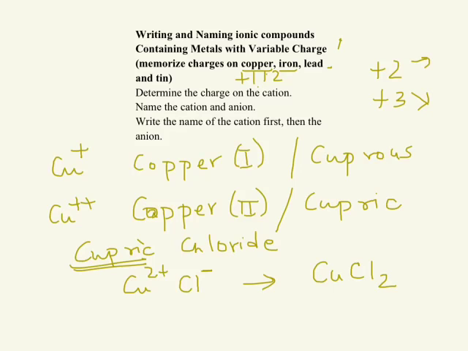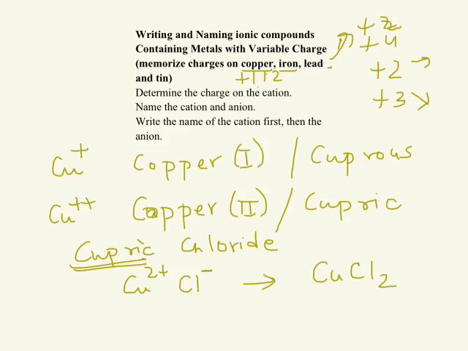Lead can have a charge of +2 or +4. +2 is plumbous, +4 is plumbic. And tin is also +2 and +4. Tin is stannic.